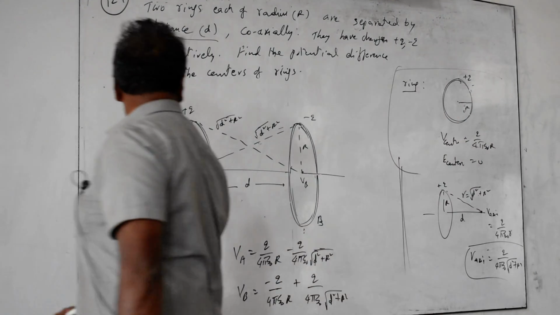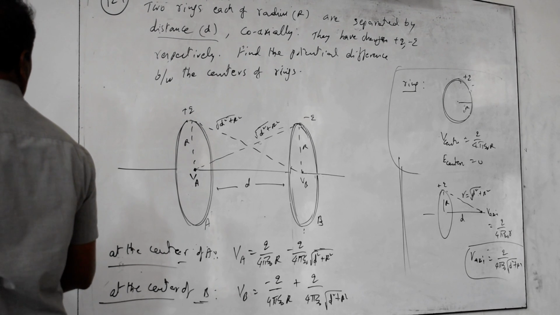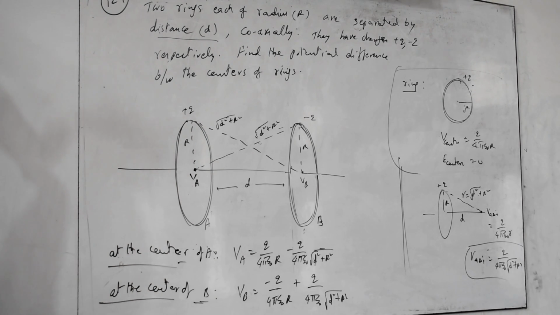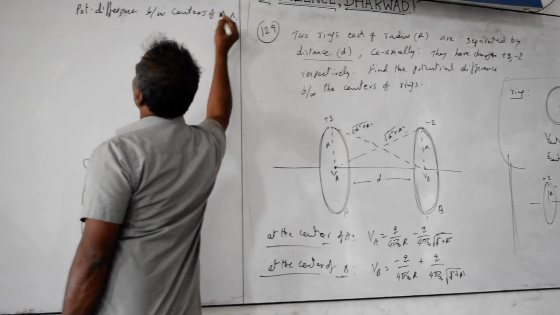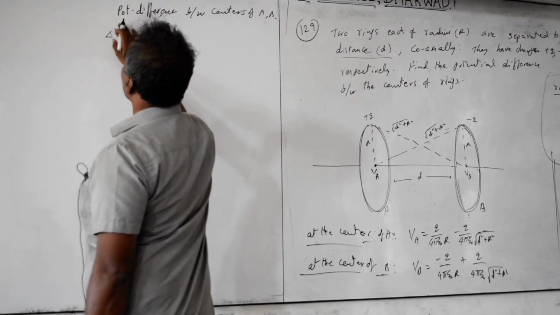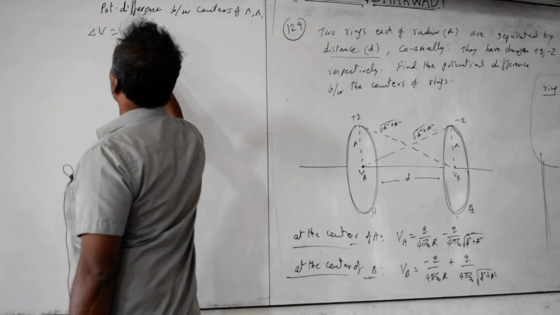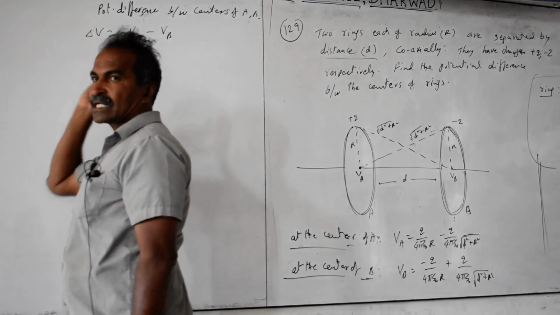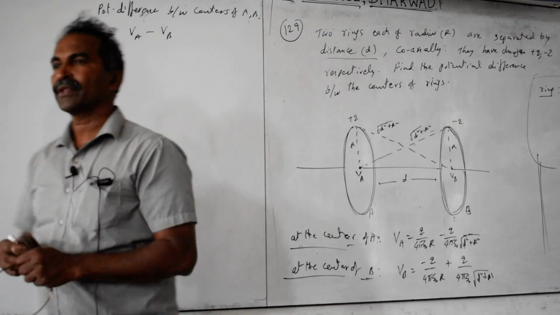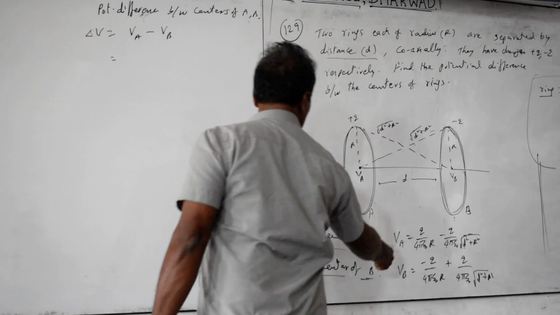I will write that here. Potential difference between centers of A, B is delta V equal to VA minus VB. You can take VB minus VA also, it does not matter; if the result comes negative, take it as a magnitude.